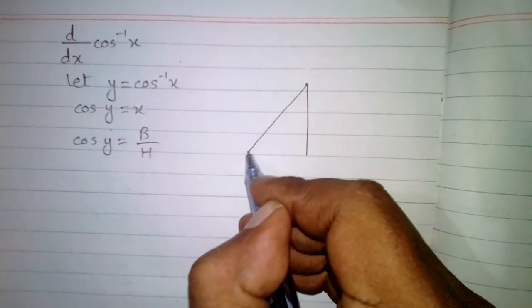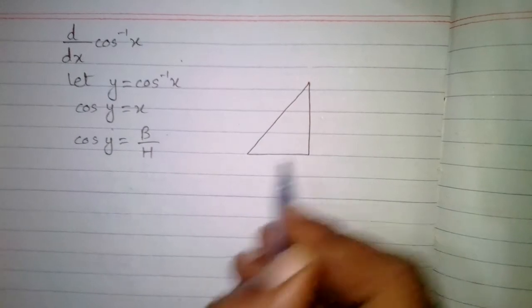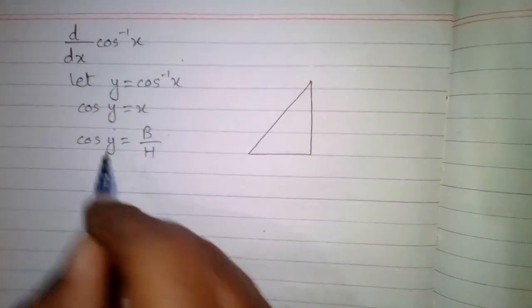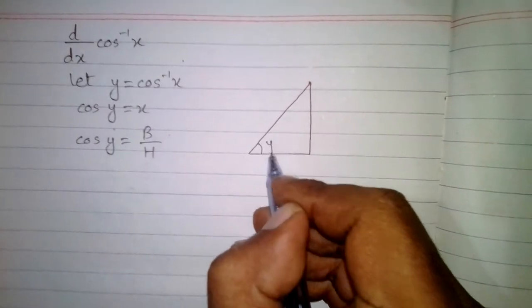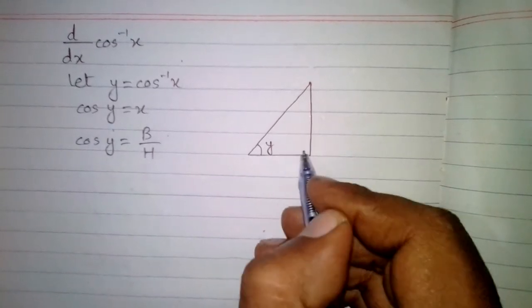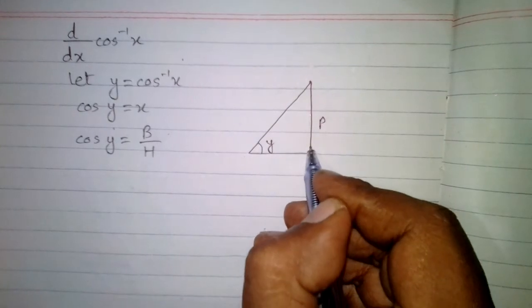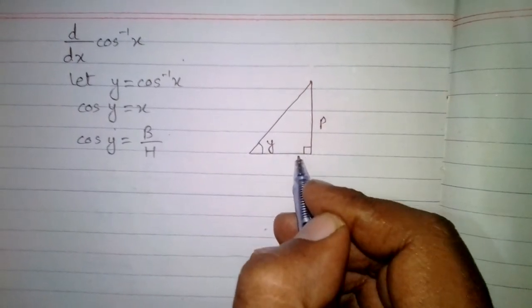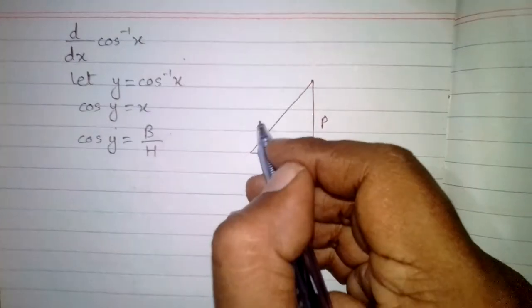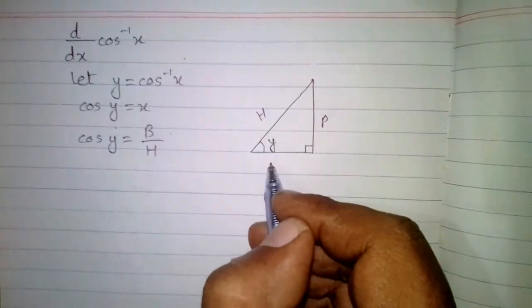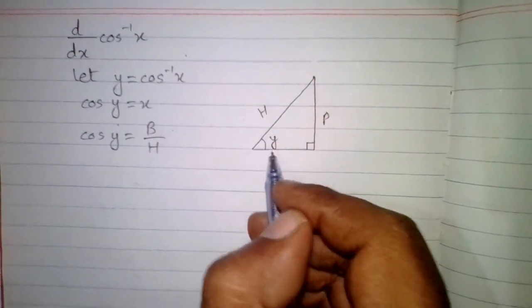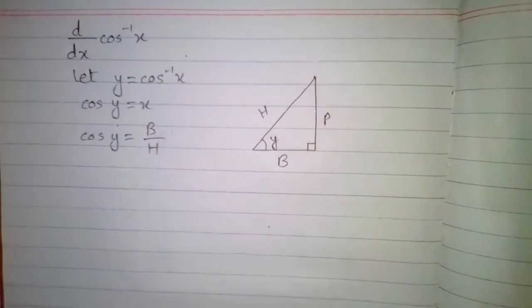So we can draw a right angle triangle in which the angle y, this is angle y, and the side opposite to y is perpendicular, and this angle is 90, and the side opposite to 90 degree is hypotenuse, and the side adjacent to this angle is base.